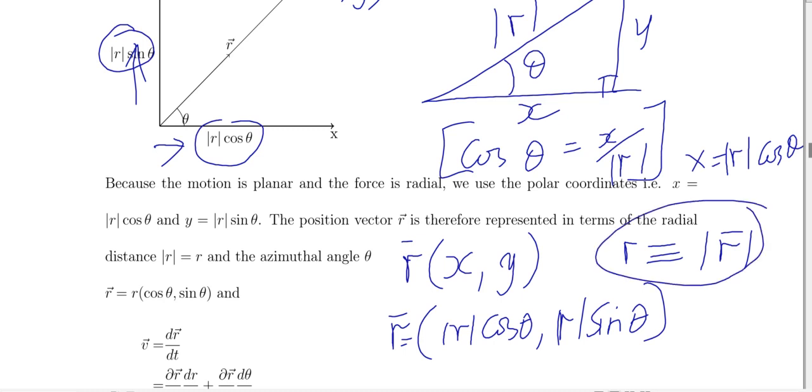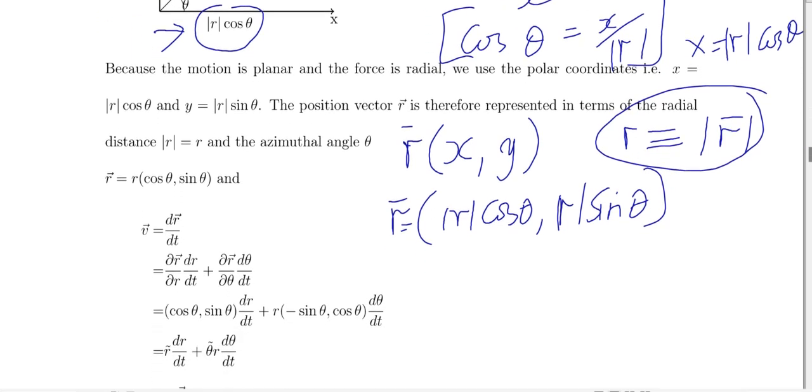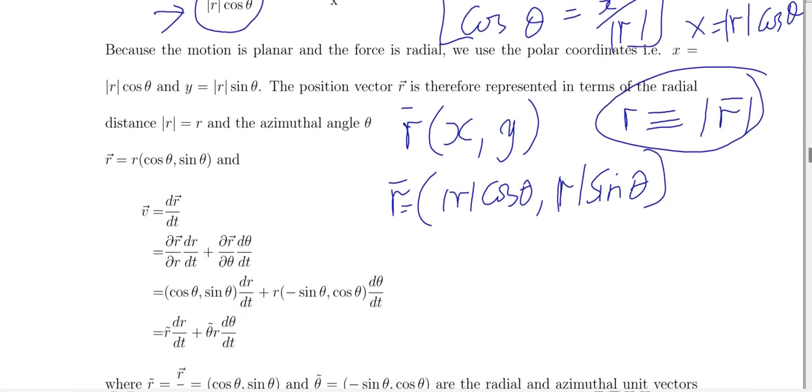So if we want to find the time derivative of r, that's the total derivative, we see that r is a function of two variables. It's a function of r and theta.